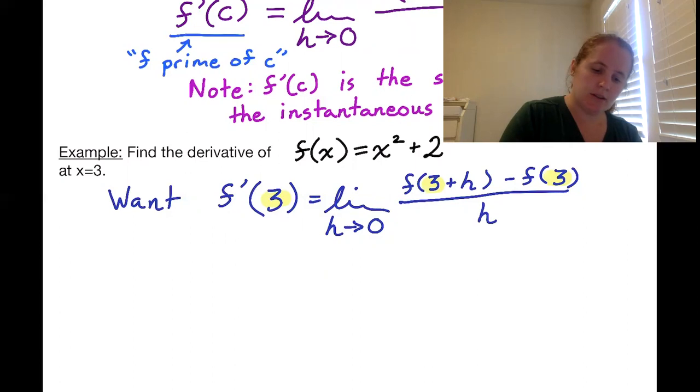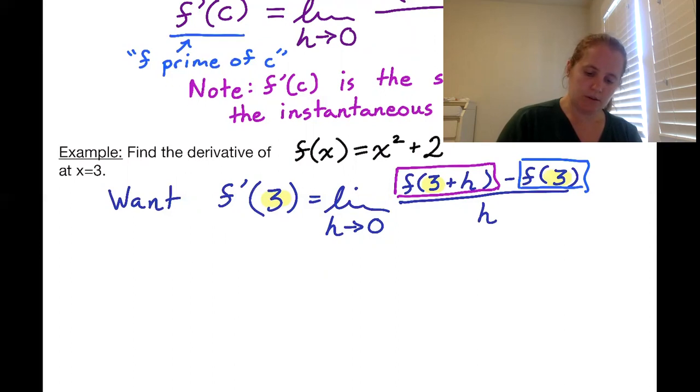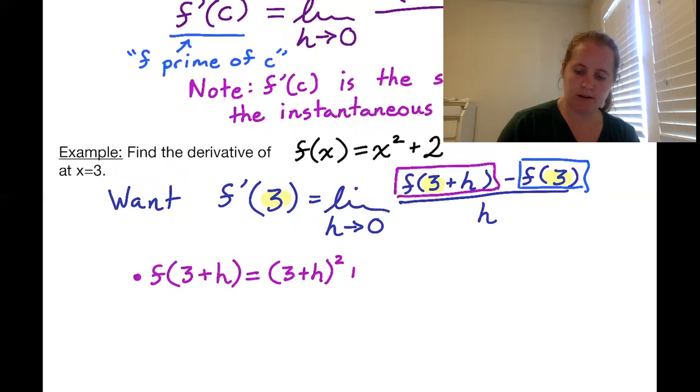So at this point, let's do some simplification off to the side. We'll do f of 3 plus h in purple and f of 3 in blue. Our f of 3 plus h, we have 3 plus h, the whole thing squared, and then plus 2. Remember, 3 plus h squared is 3 plus h times 3 plus h.